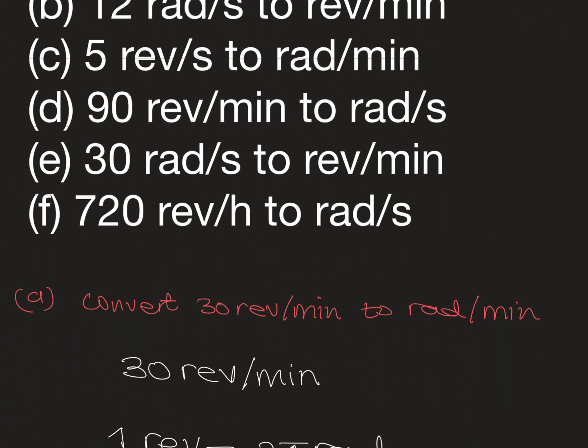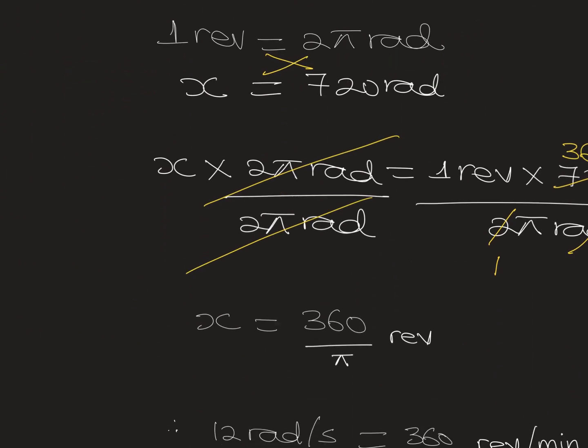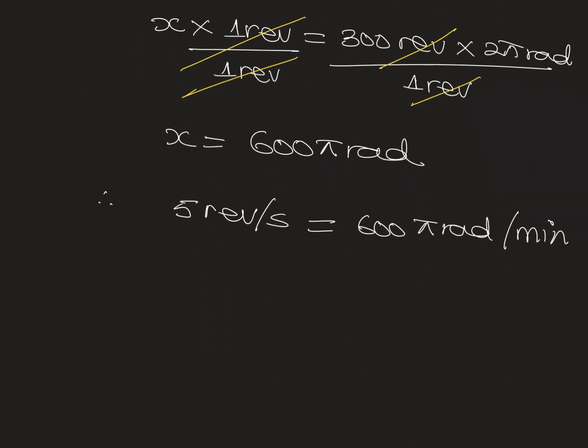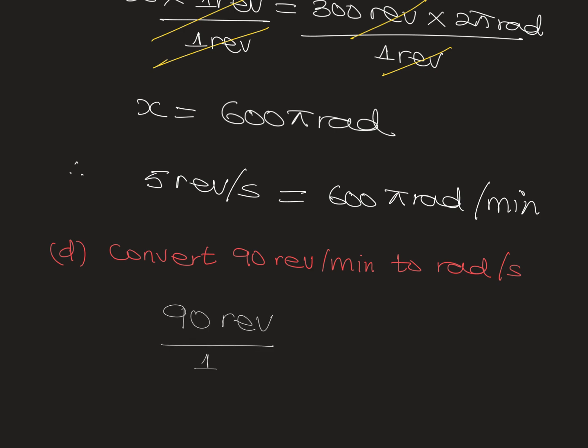Moving on to D, 90 revolutions per minute to radians per second. So we have 90 revolutions per minute, and we want to convert it to radians per second.